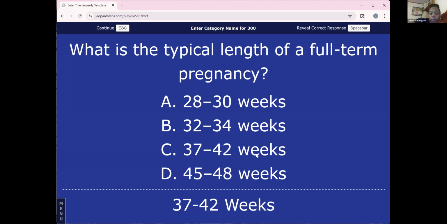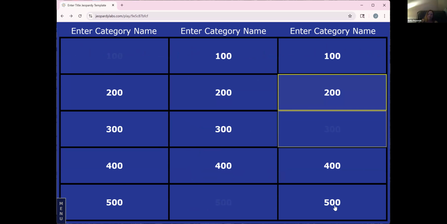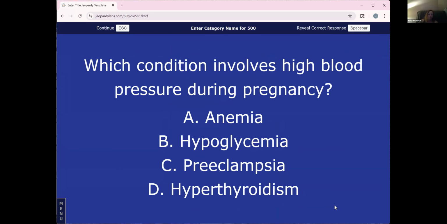That baby probably won't be kicking much. All righty. Last category for 500. What is our other word for high pressure in pregnancy? C, preeclampsia. Good job.